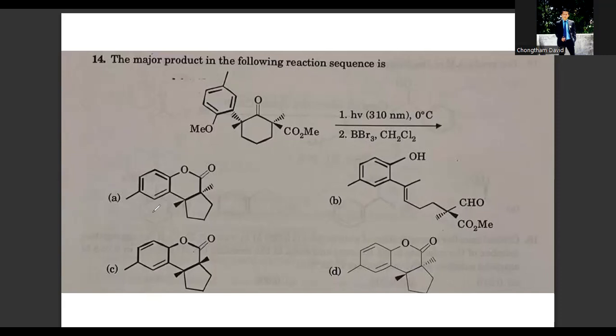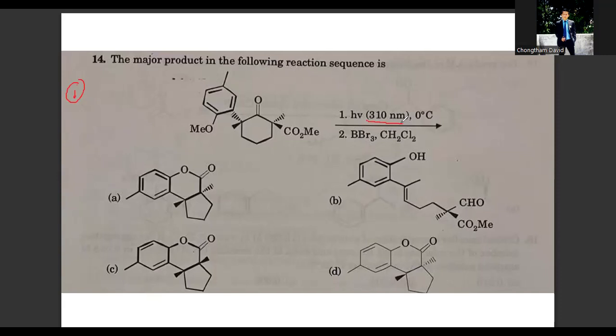Here's a step-by-step explanation of the reaction. In the first step, we have a photochemical reaction, that is, initiation by light at a wavelength of 310 nanometer. The reaction condition is 0 degrees Celsius.